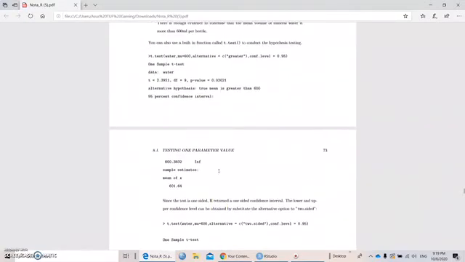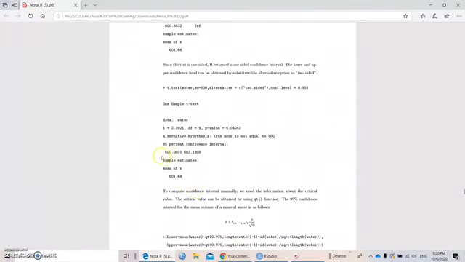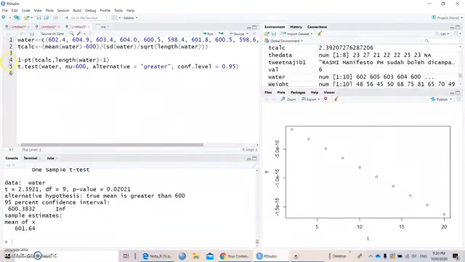If you want to get the lower and upper limit of the 95% confidence interval, you can copy this one, paste, and instead of greater, change it to two-sided, so that it will return the lower and the upper limit.